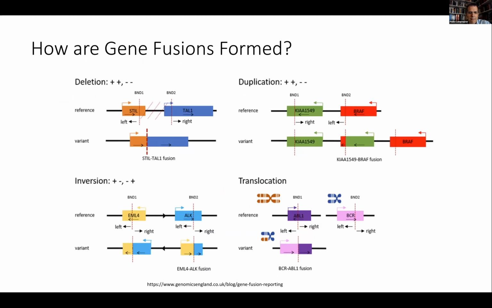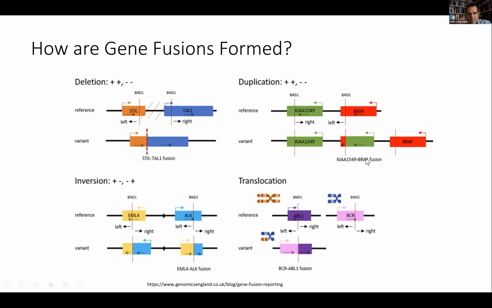So we have 4 main events leading to gene fusions. So we have gene deletions, or better saying, chromosomal deletions, right? This is an example where this region is deleted, and that will lead to the juxtaposition of two genes, leading to a gene fusion. We have gene duplications.